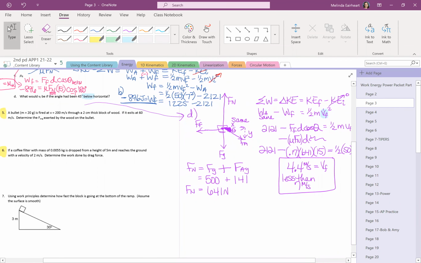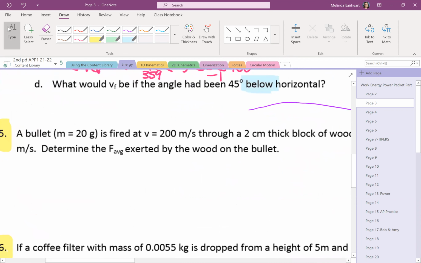On number 5, a bullet mass is 20 grams. Convert to kilograms, okay? So bullets are really small, so, you know, small mass, you don't want to report that as point something, but we want to convert to kilograms.